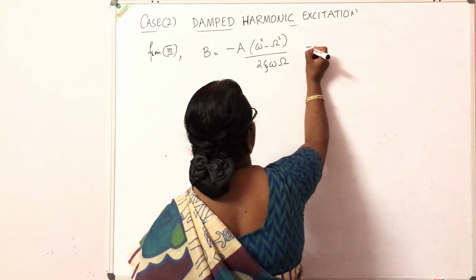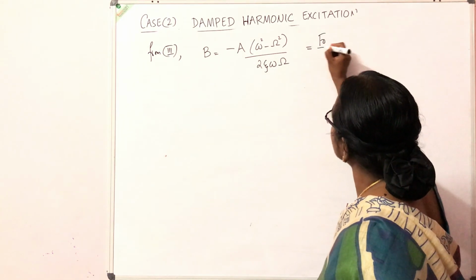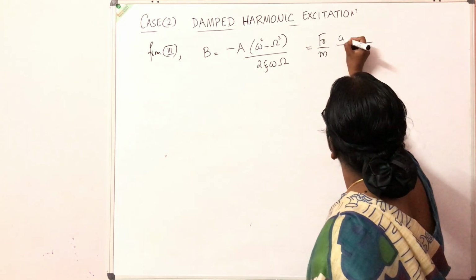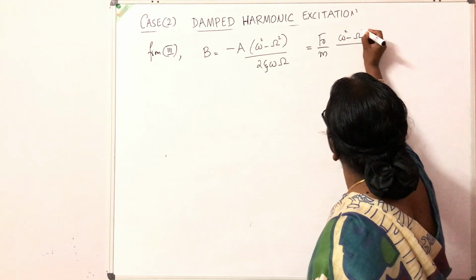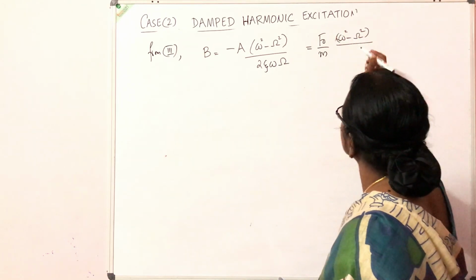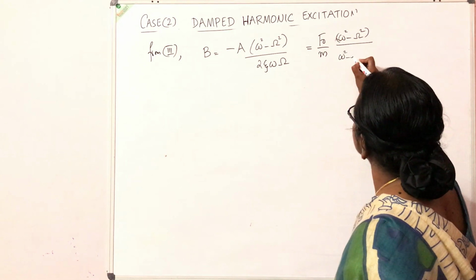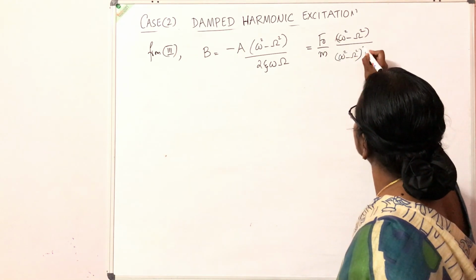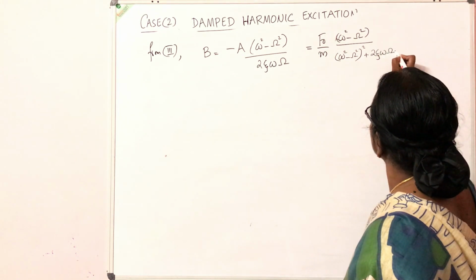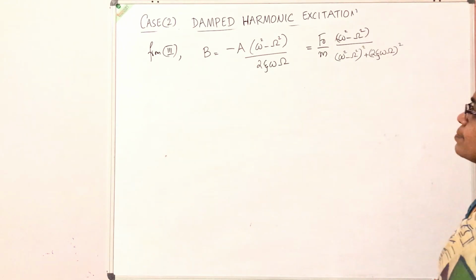Substituting the A obtained from the previous step, we'll get it as F0 by M, (omega square minus capital omega square) divided by (omega square minus capital omega square) the whole square plus (2 psi omega capital omega) the whole square.